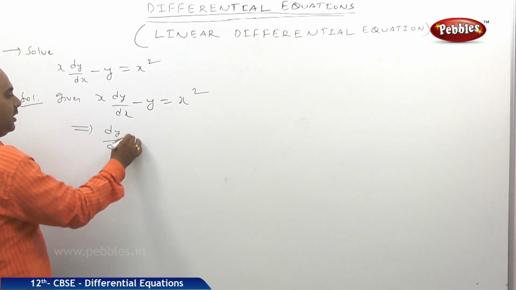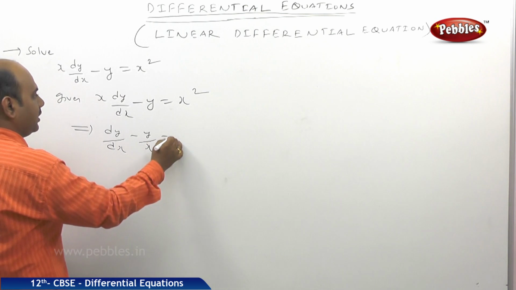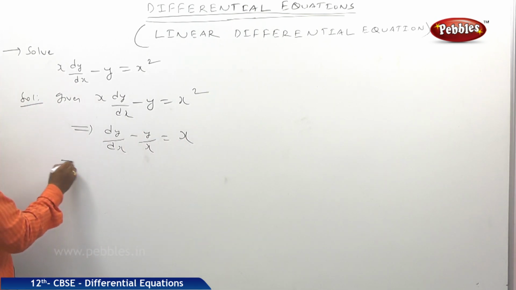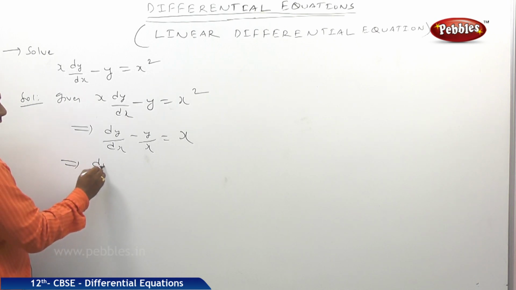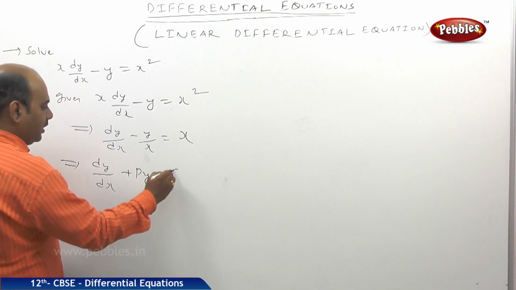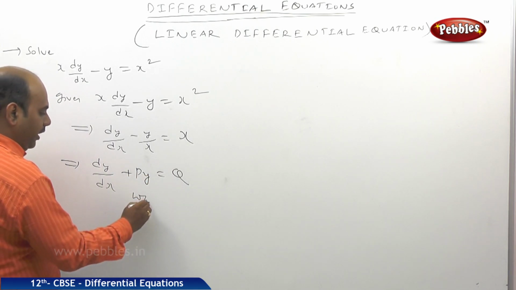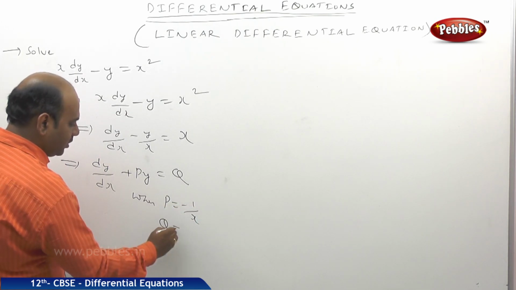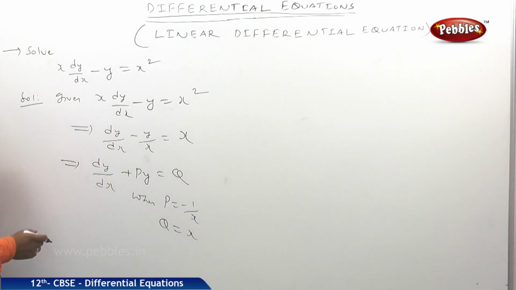So dy by dx minus y by x is equal to x, because x square by x is equal to x. If you observe carefully, it is of the form dy by dx plus py is equal to q, where p is nothing but minus 1 by x and q is nothing but x.